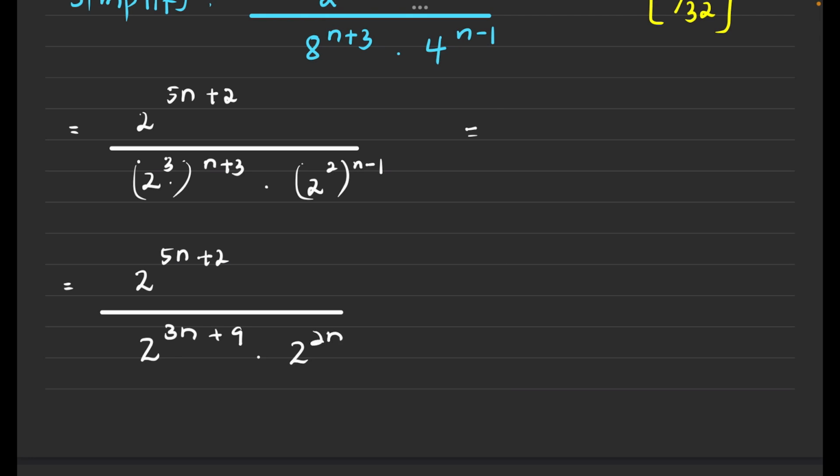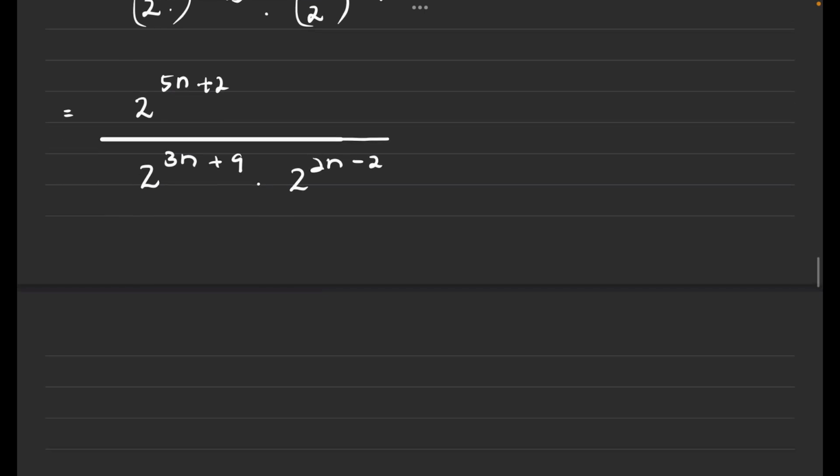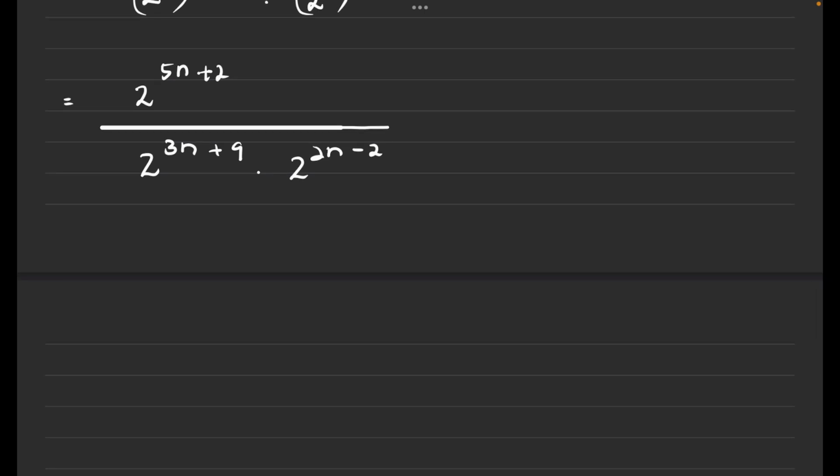And then 2 times negative 1 is going to be negative 2 over there. Okay, guys. And so at this point, what I have is the numerator with base 2, the denominator as well with base 2. I'm, however, going to first apply the product rule in the denominator over there.